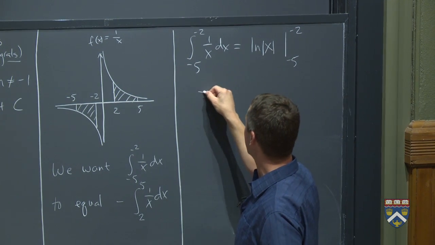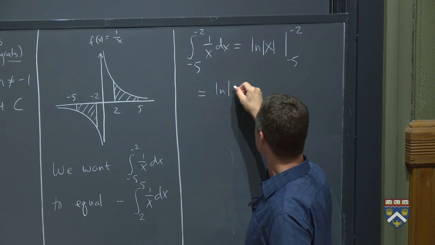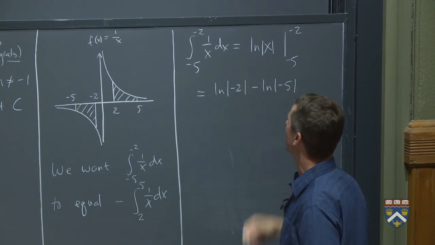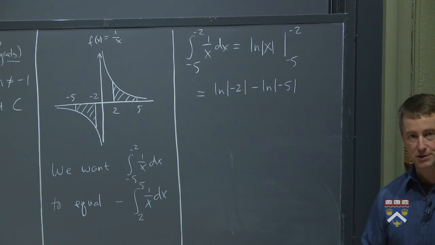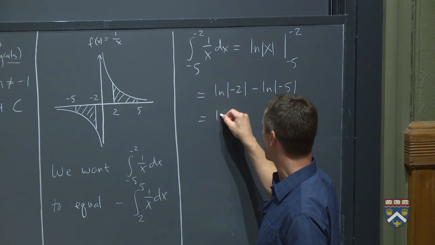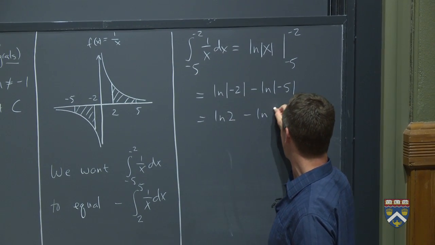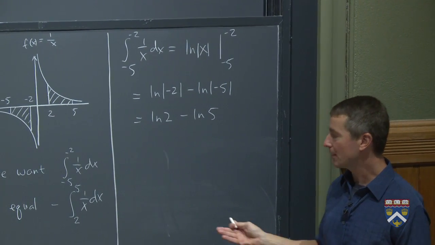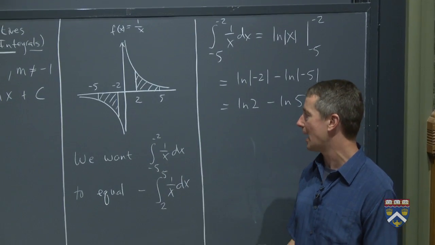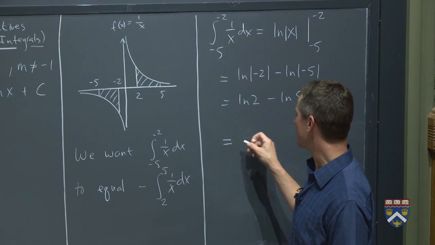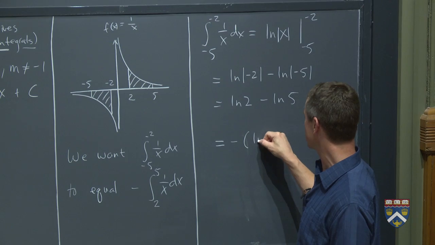So now I can plug in ln of absolute value of -2 minus ln of absolute value of -5. And that is legal to do because the absolute value of -2 is 2. So this is just ln of 2, and this is just ln of 5. So that's perfectly OK. Now let's just check if it does equal what we want. Let's see if it equals this. So this is the same as if I put a negative out front.